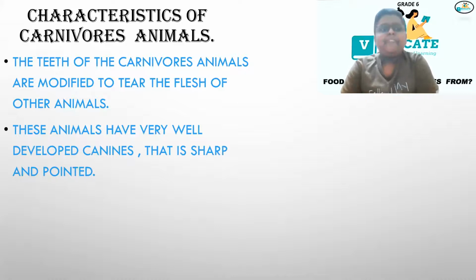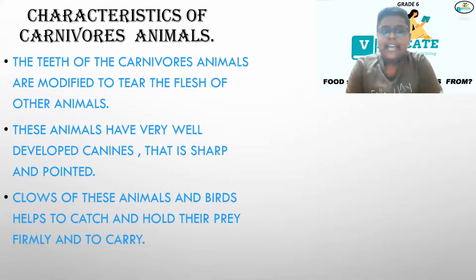These animals have very well developed canines that are sharp and pointed, which helps to eat the meat.